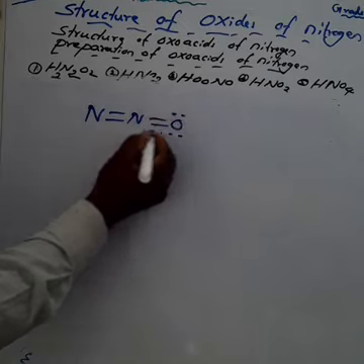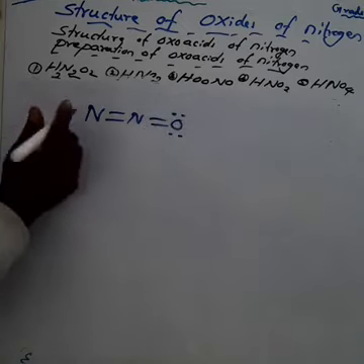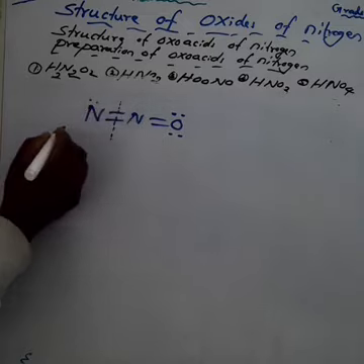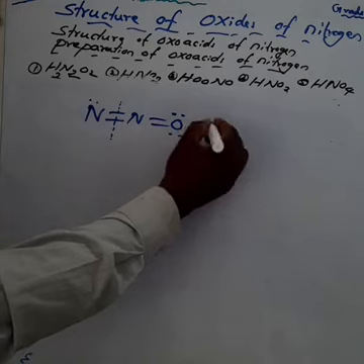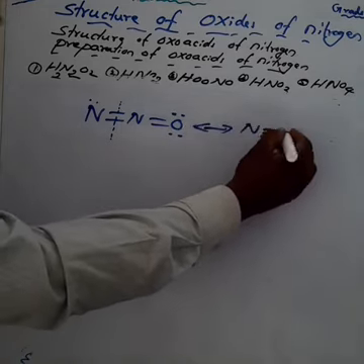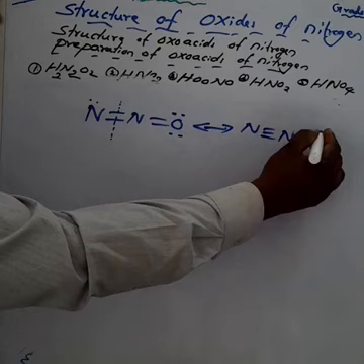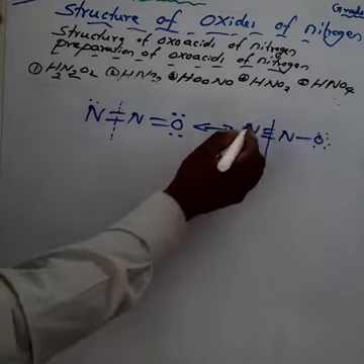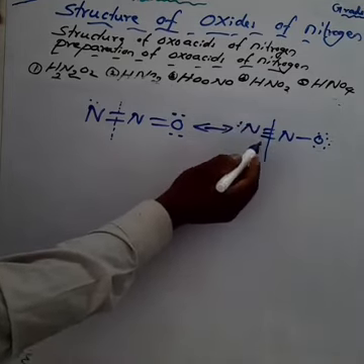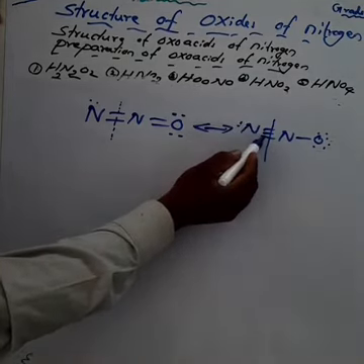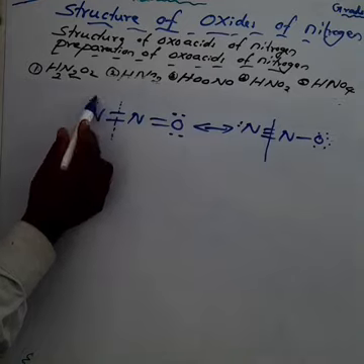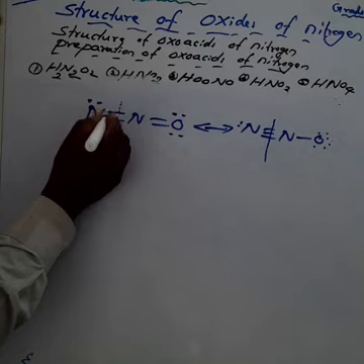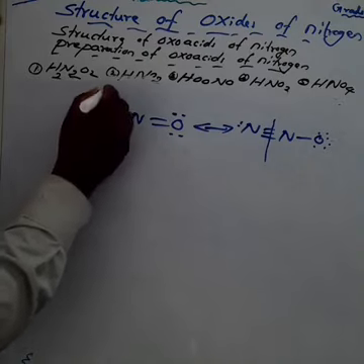Suppose I am breaking the nitrogen triple bond here. Breaking means only 1, 2, 3, 4 electrons are there. I told you that nitrogen has 5 electrons in the outermost shell. Yes or no? But here there are only 4, which means it lost 1 electron. So we give a plus charge.